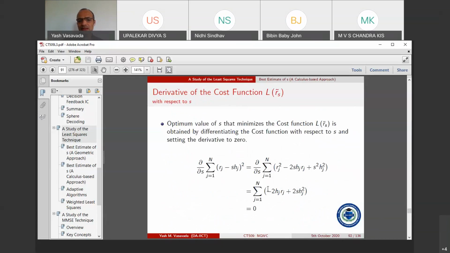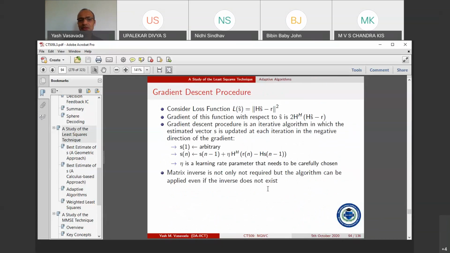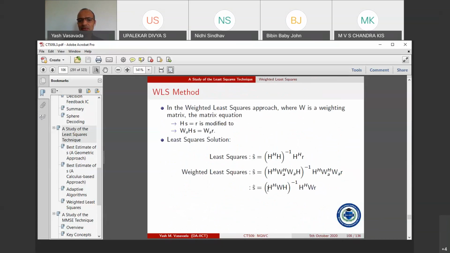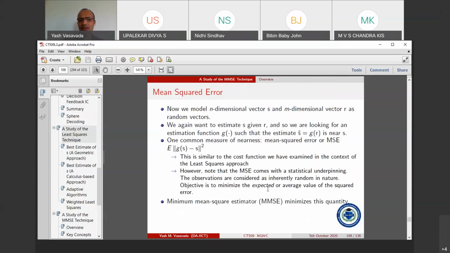Even in MMSE, as you may recall from the last lecture, we do some type of distance minimization because we said that our MMSE estimate S hat is such that it minimizes the mean squared error. But if you look at the definition of mean squared error, it is nothing but the expected value of the squared distances.